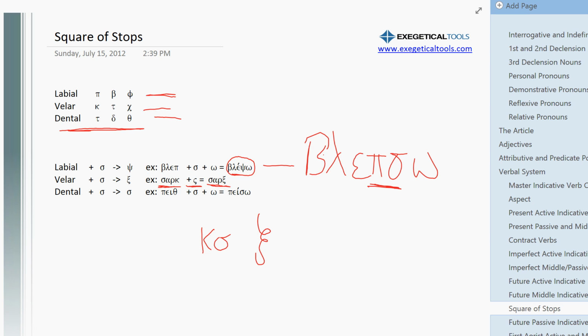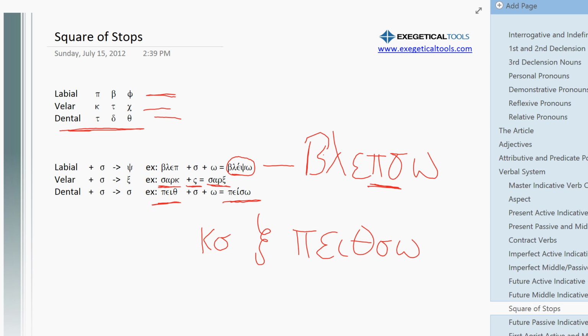And then the last one down here with peitho, I persuade, going to the future active indicative, so peith, and then instead of adding sigma for the future tense formative and then the ending, peithso, you just get peiso instead, so that theta dental just drops out.